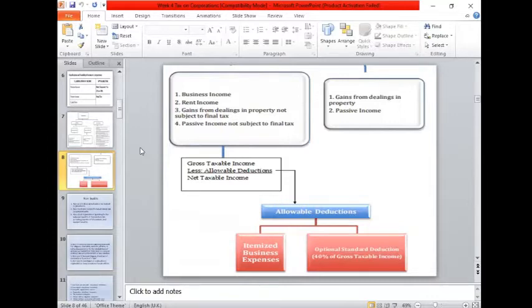There are two ways for the allowable deduction: the itemized business expense, which is based on the financial report in accounting and the notes to financial statements, while the other one is the optional standard deduction, which is 40% of the gross taxable income, computed to be deducted as an allowable deduction from the gross income.